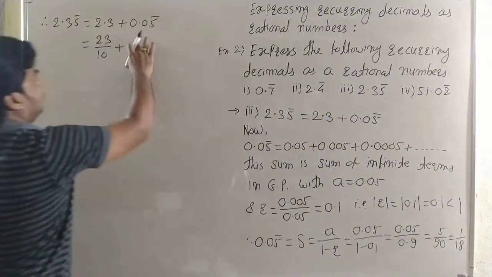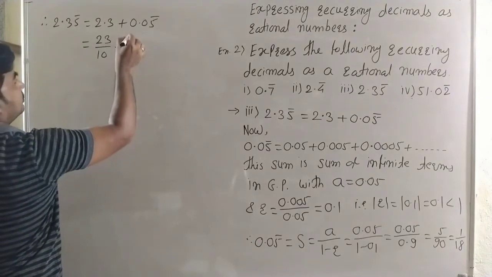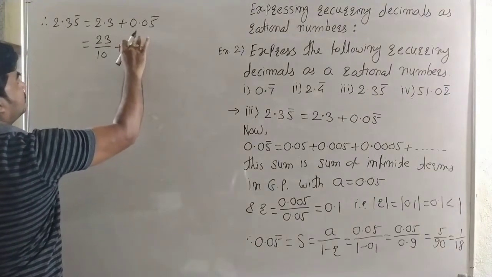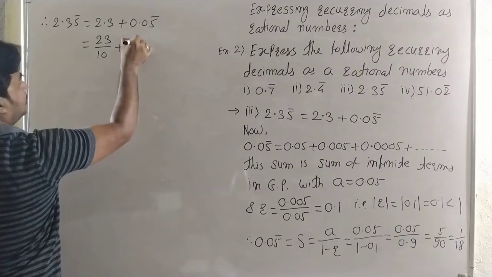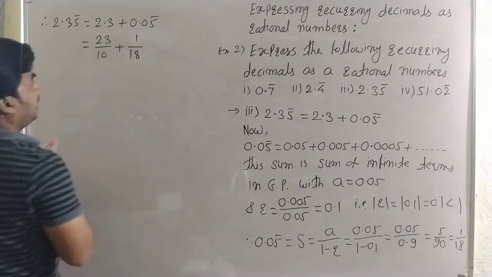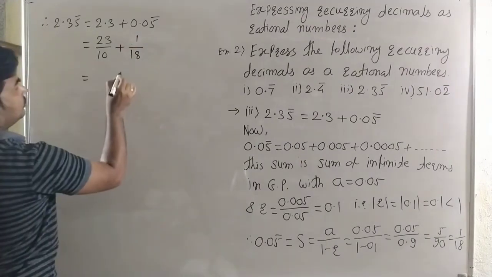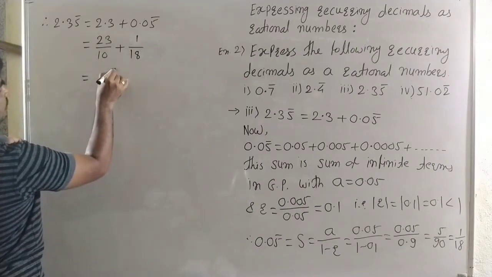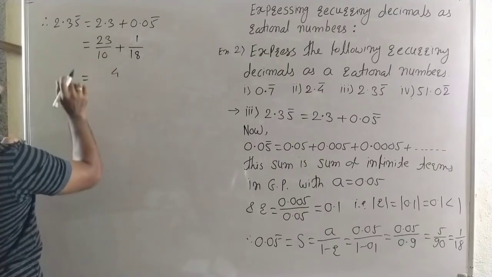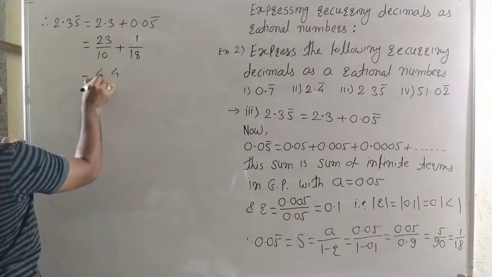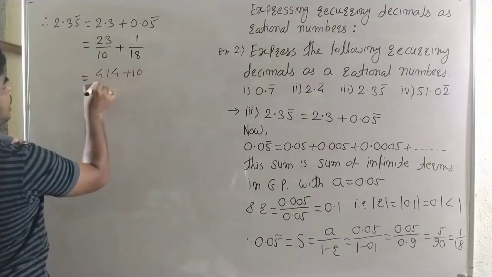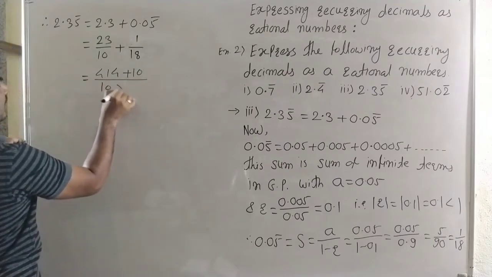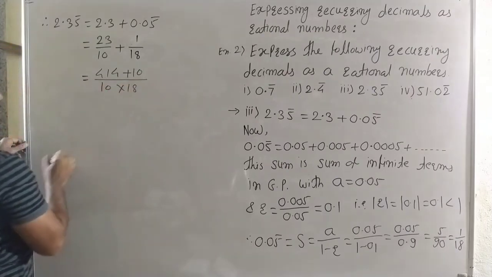Here this is 1 by 18. Now we calculate this. 18 into 23, 18 3s are 54, and 18 into 36 plus, and plus 10 into 18. See carefully the calculation.